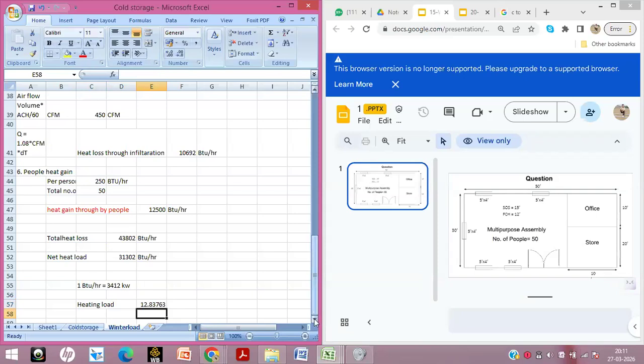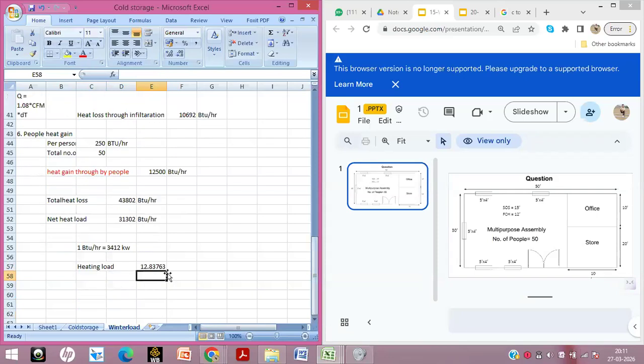So our heater has to be 12.83 kilowatt. Since 12.83 is not available, we can round up, which is 13 kilowatt.